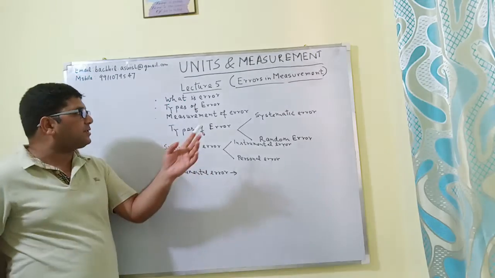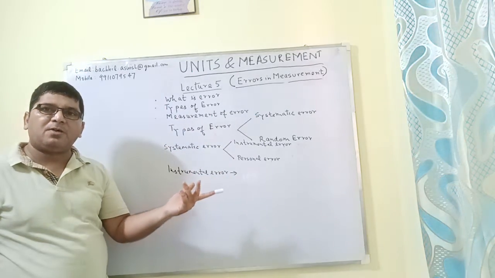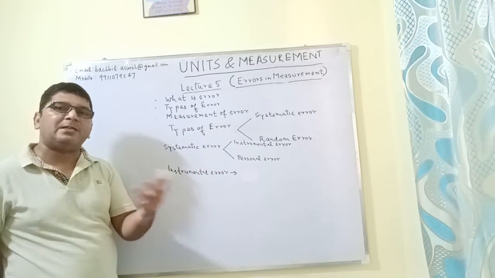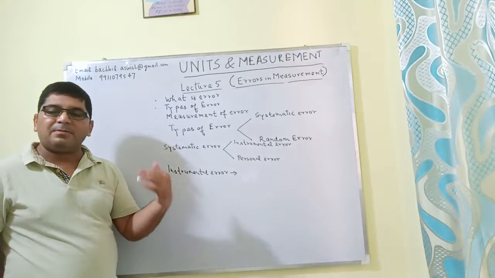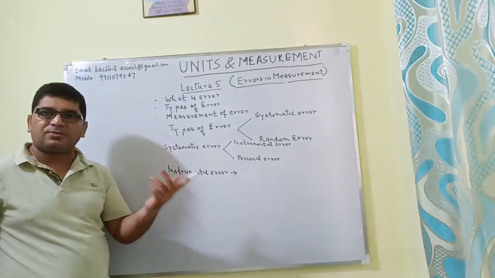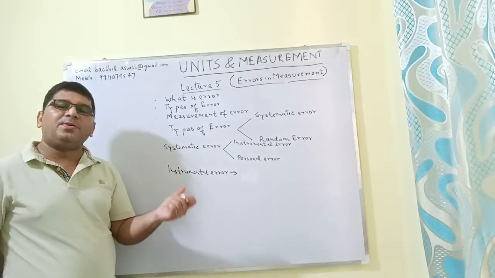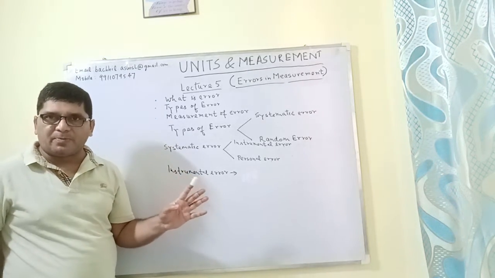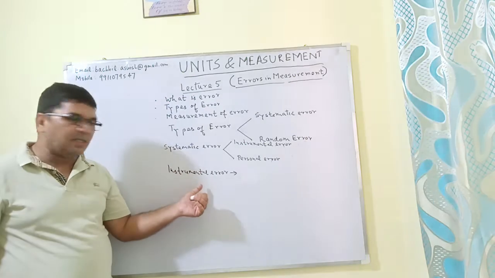We have already discussed the zero error in lecture number 3 and 4. They are also due to the calibration issue of that measuring instrument. Calibration issue means that the measuring instrument has not been calibrated for a very long time, or if it is calibrated, it has not been done properly. So these are basically the two main reasons for the instrumental error.